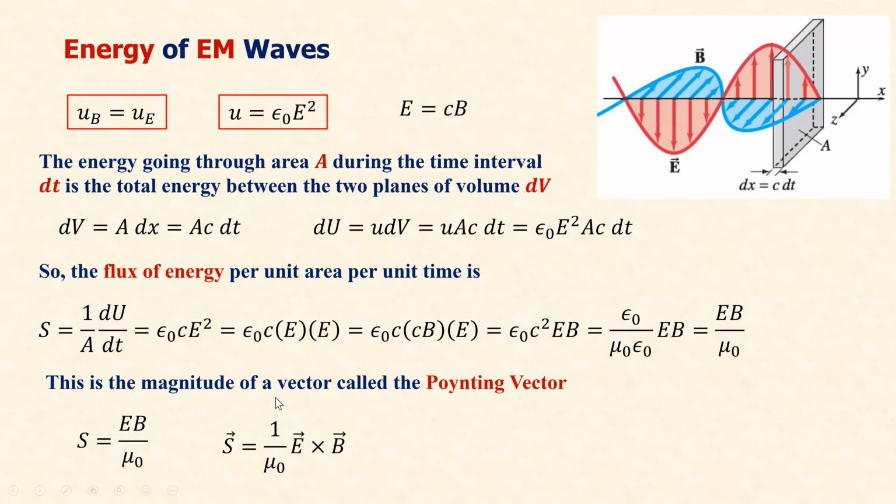In fact, the Poynting vector is defined like this. The Poynting vector is a vector that is at any point the cross product of E and B divided by mu naught.